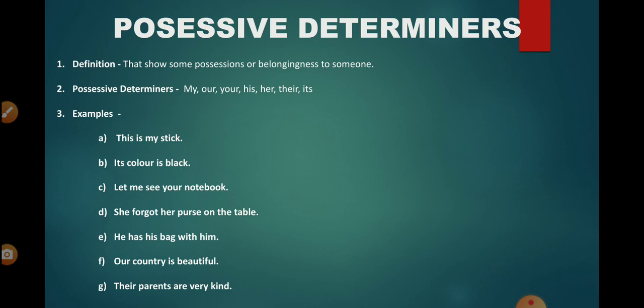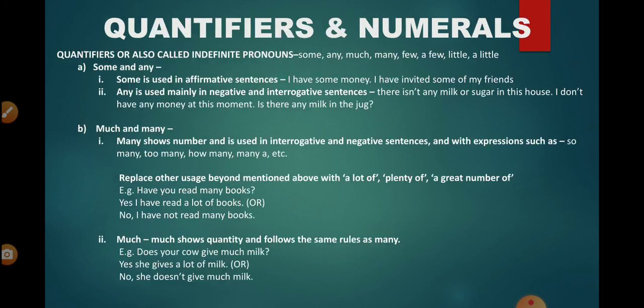If the stick is mine, we'll use the possessive determiner my with it. If it belongs to someone else, like his, then we'll use his or her or our. Likewise, we have taken up an example for each of the possessive determiners. Let's move to quantifiers and numerals.